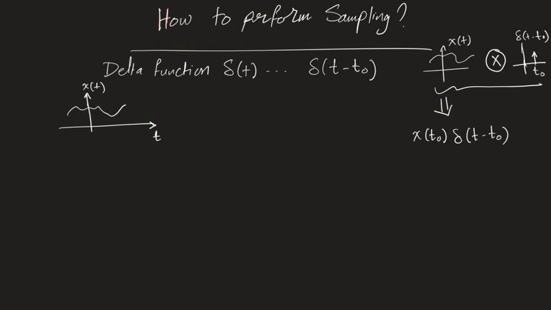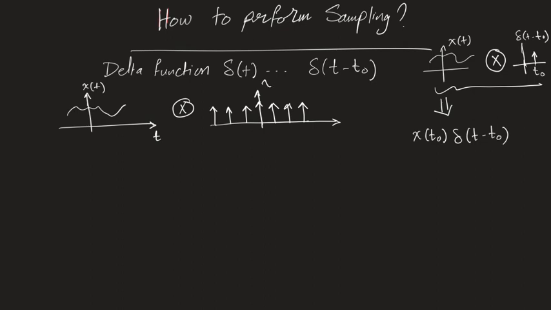Instead of multiplying it with a single delta, I will now multiply it with a train of deltas, at 0, Ts, 2Ts, 3Ts, minus Ts, minus 2Ts. They are all deltas with magnitude equal to 1. So we call this a train of deltas, and we call this the sampling function.